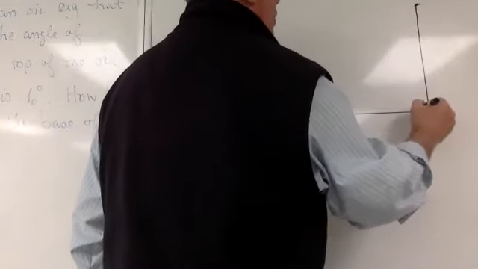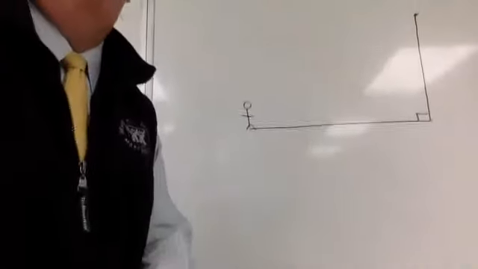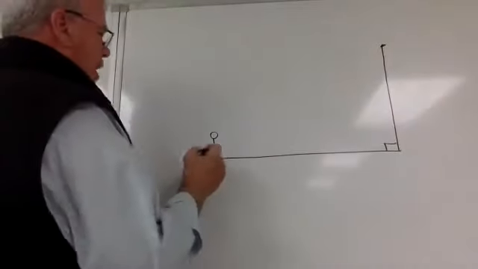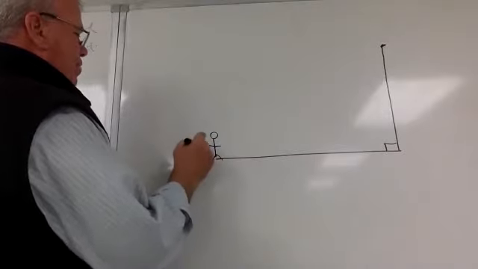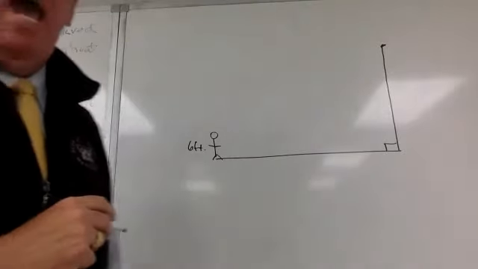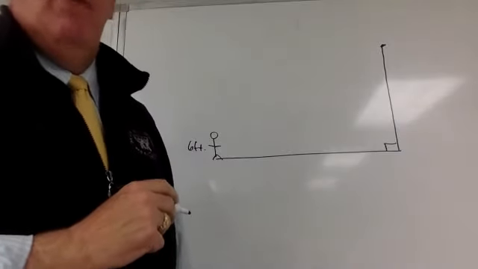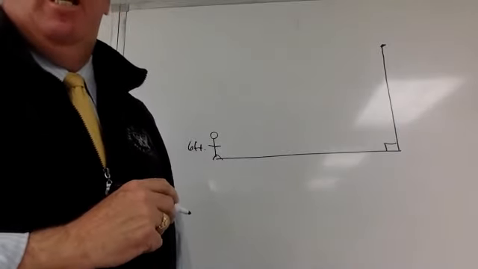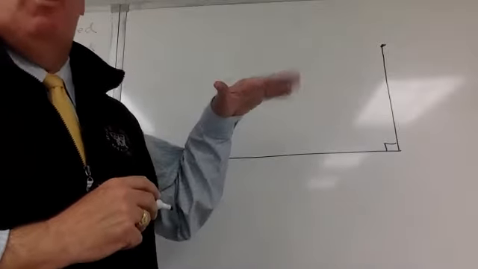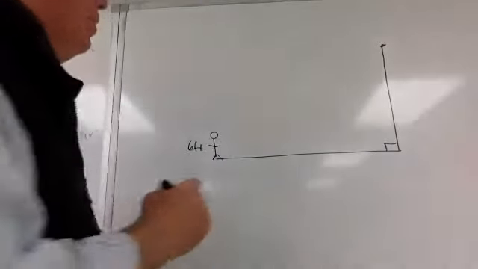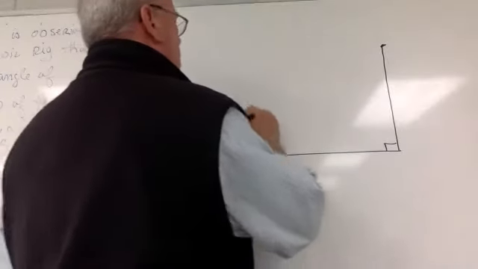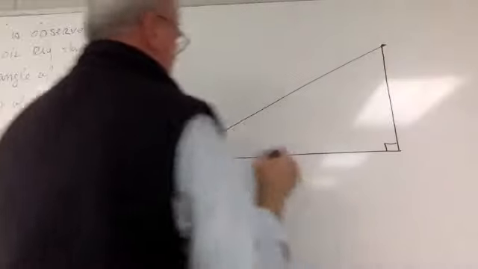Now we know Xavier is 6 feet tall. And then they tell you the angle of elevation from Xavier's eyes up to the scoreboard is 40 degrees. So here's what they want you to do. This is the question that you're really asked.